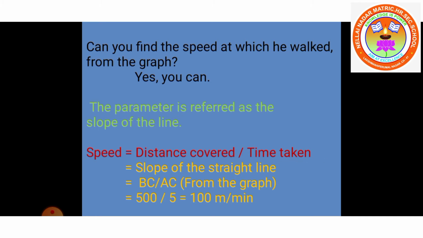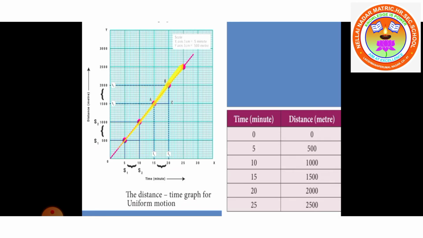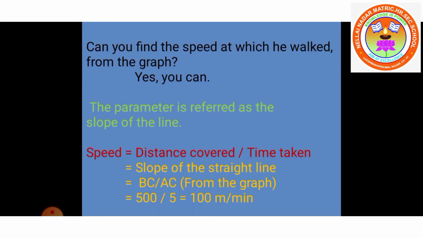Okay students, so here the distance covered is also calculated by using the slope. In a graph we are taking the slope by using A, B, C. The distance traveled divided by time is also calculated by using the slope of the straight line.